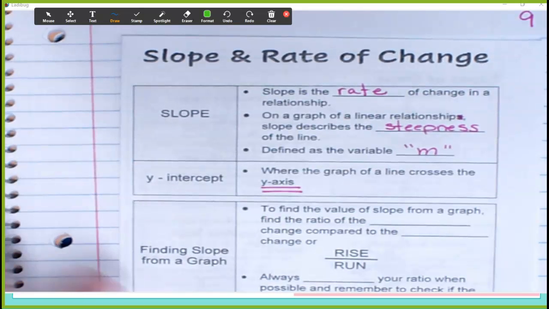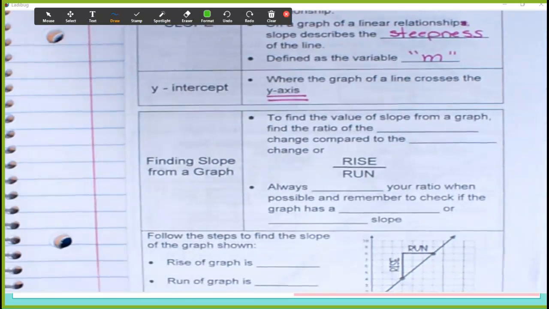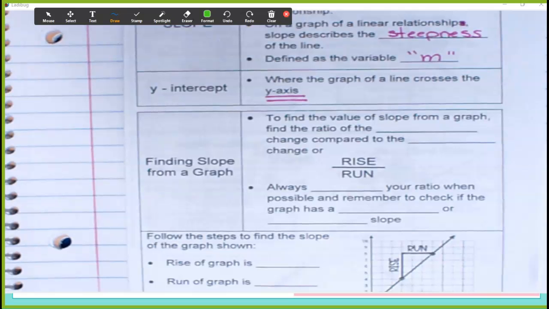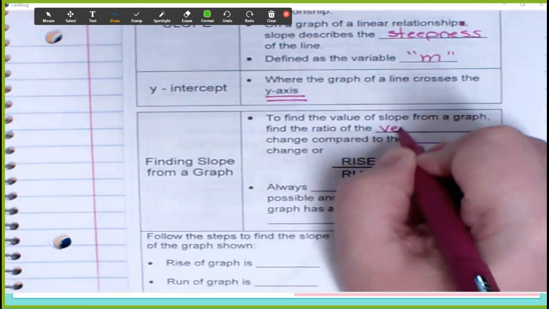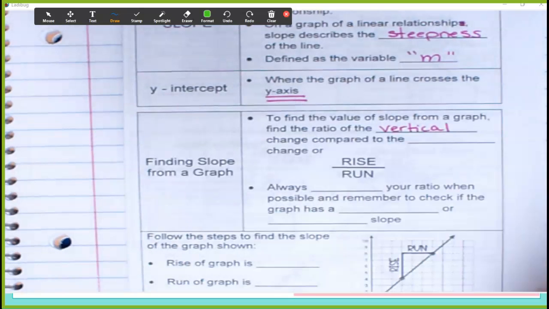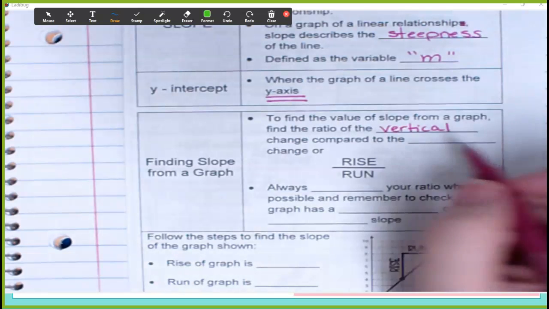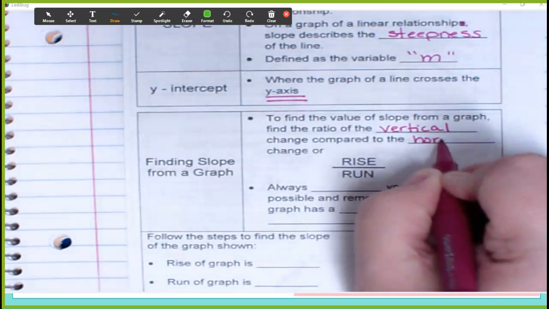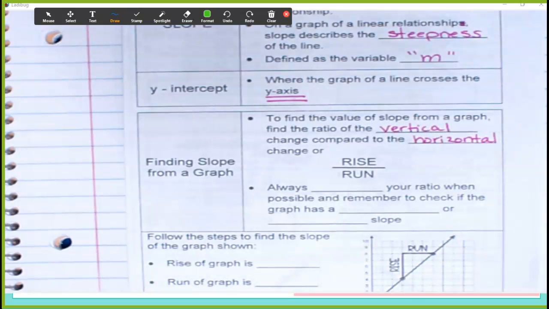All right, so let's figure out how we count slope. How do we find slope when we're given a graph? To find the value of slope on a graph, you find the ratio of the vertical change, so up and down, and we compare it to the horizontal change. So vertical is up and down, horizontal is like left to right.